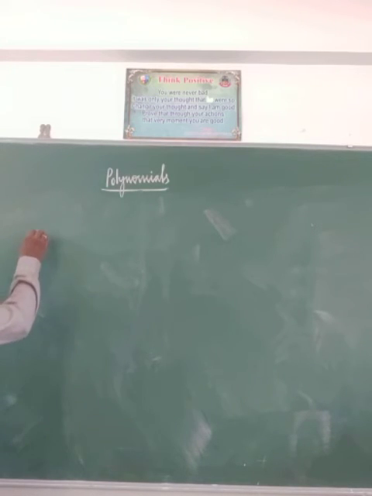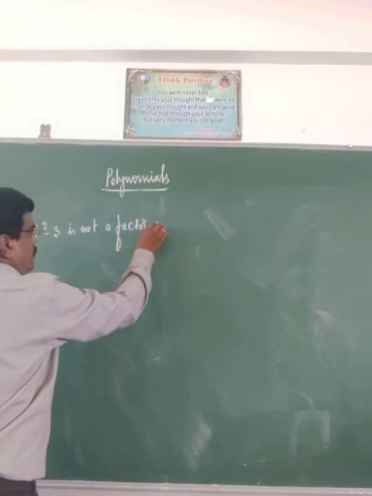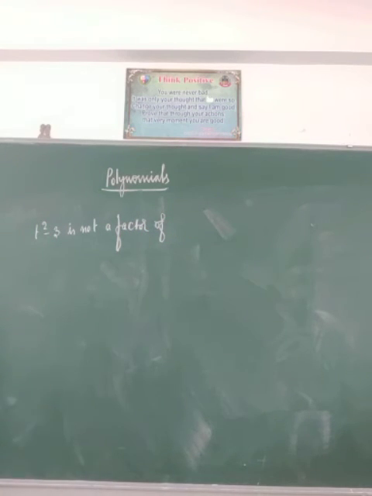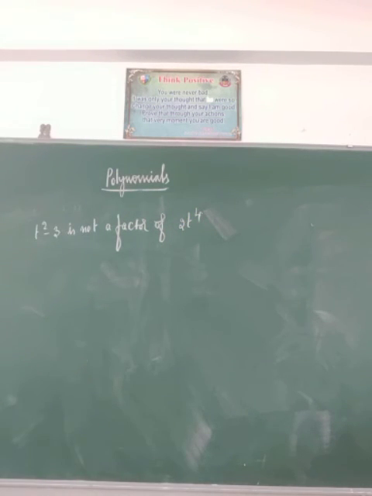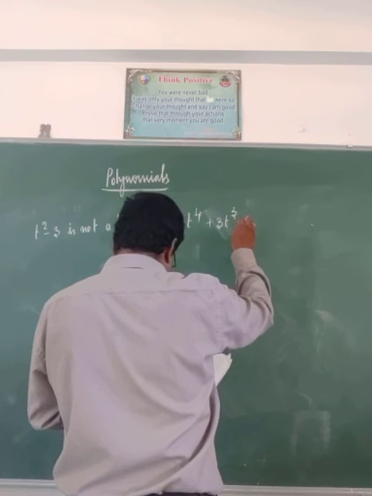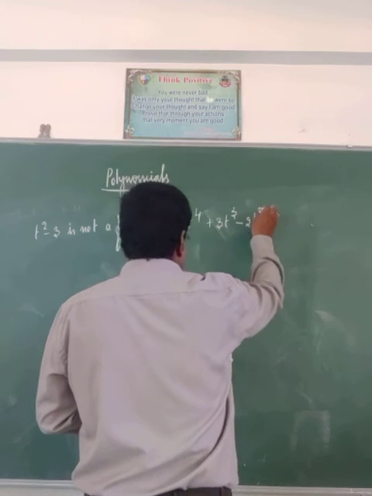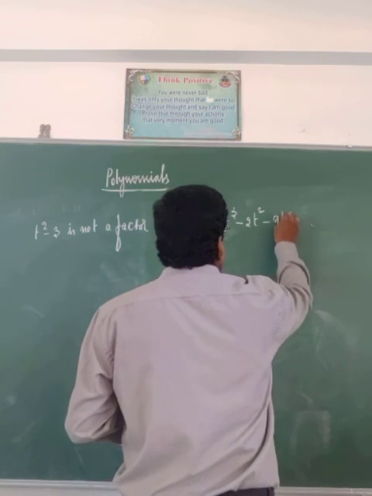What is the final answer now? t square minus 3 is not a factor of 2t to the power of 4 plus 3t cube minus 2t square minus 9t minus 12.